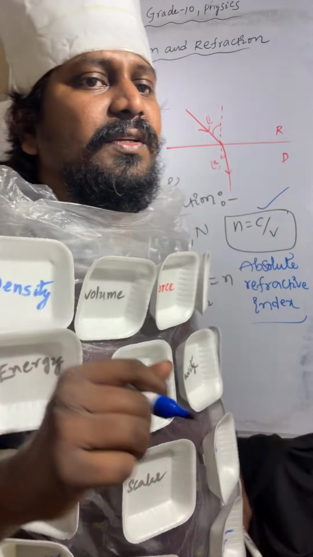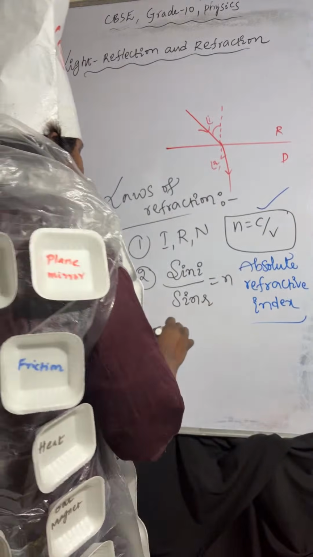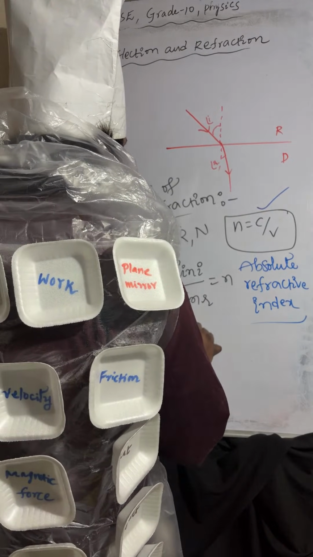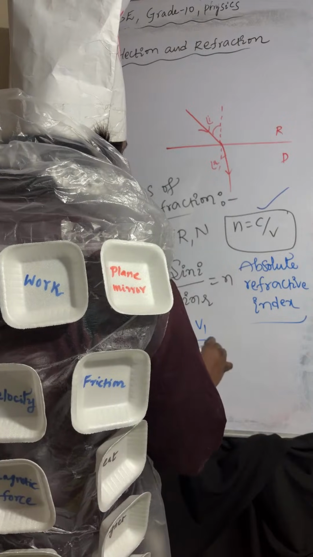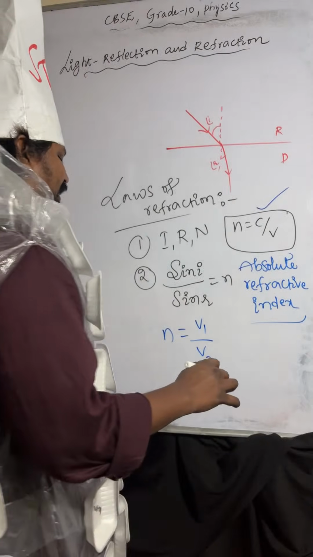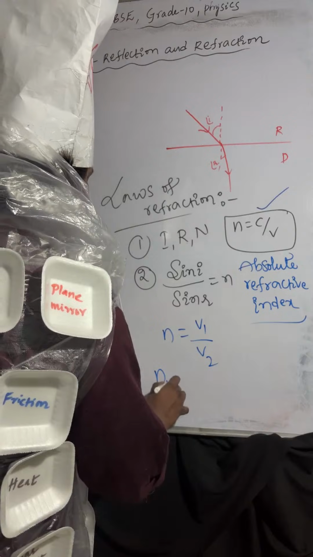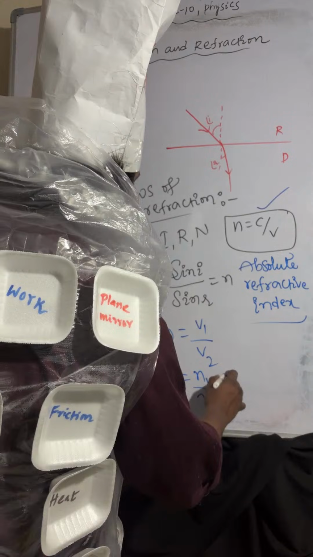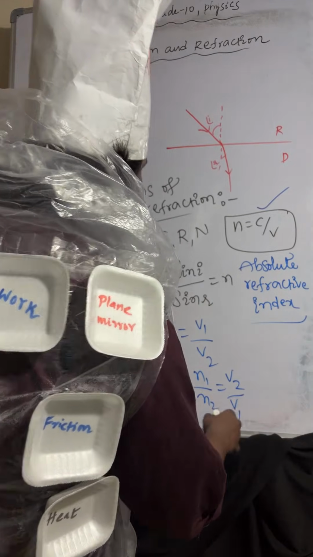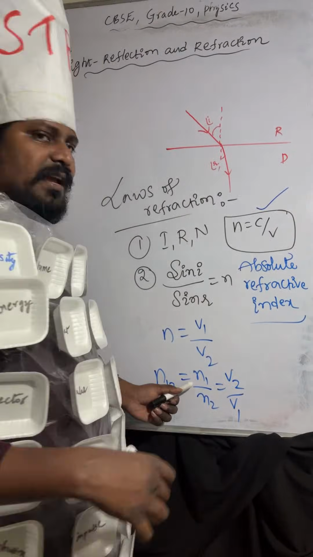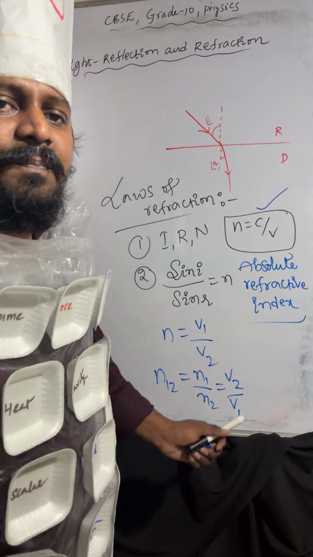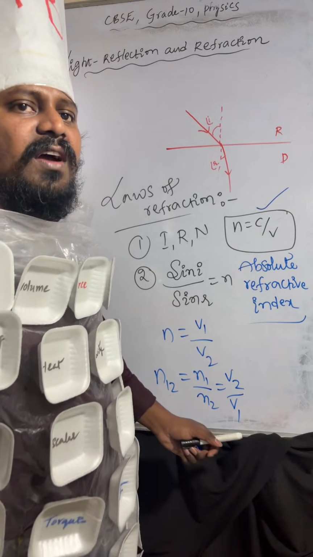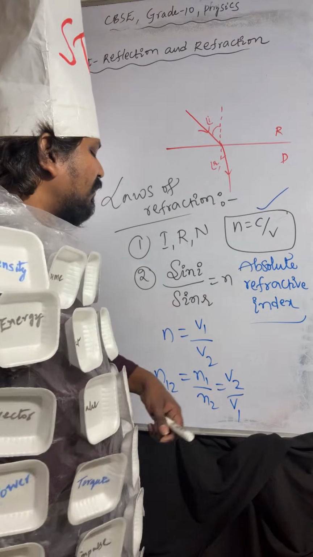So n equals v1 by v2. If you are taking n12, that is nothing but n1 by n2 equals v2 by v1.